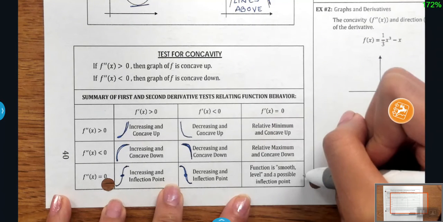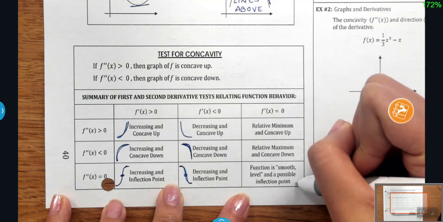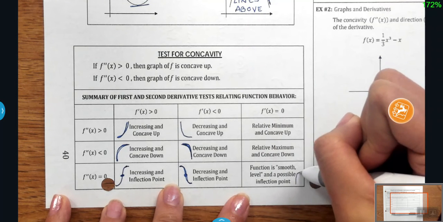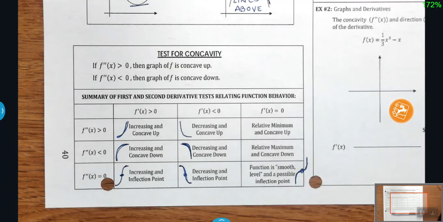It could be a point of inflection, but it could not be. Usually that looks like this, but not always. But there's your point of inflection right there. Like an x cubed kind of thing. Okay. Everybody good? Excellent.